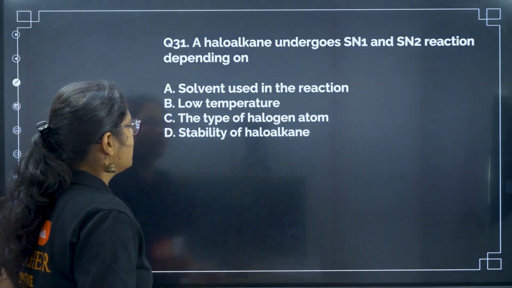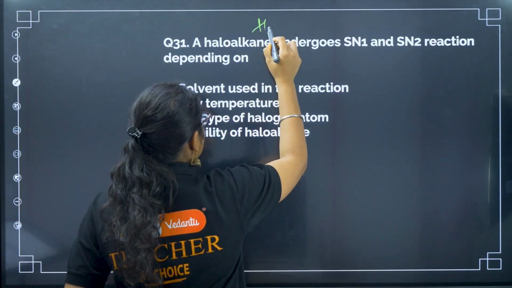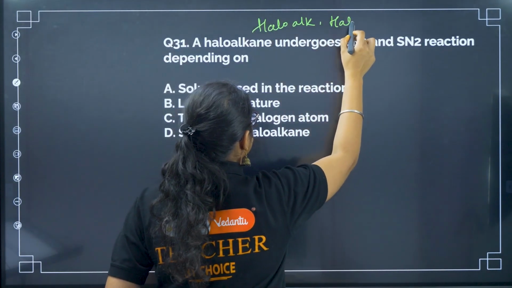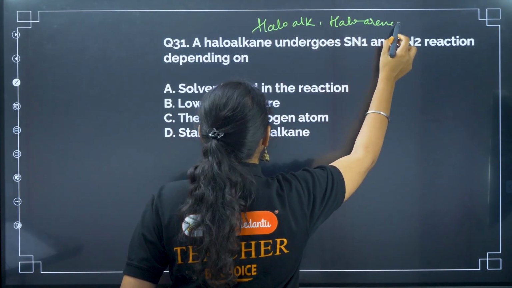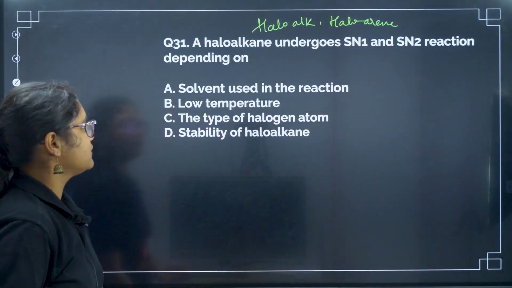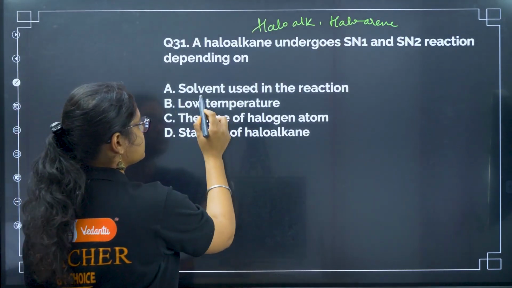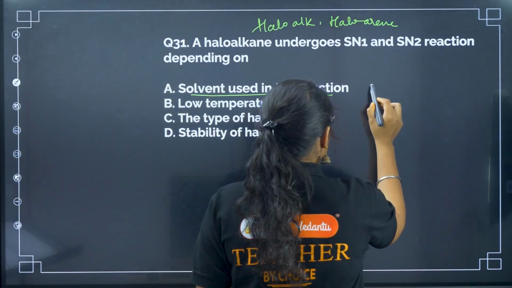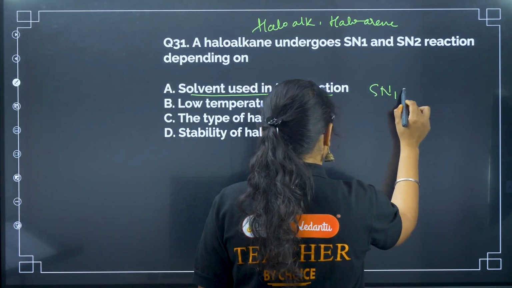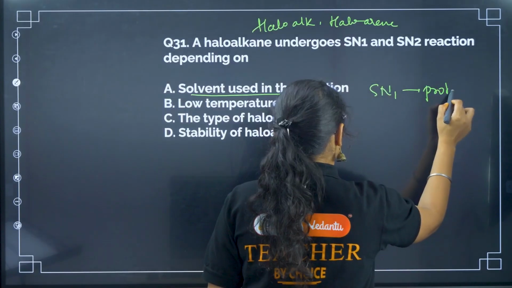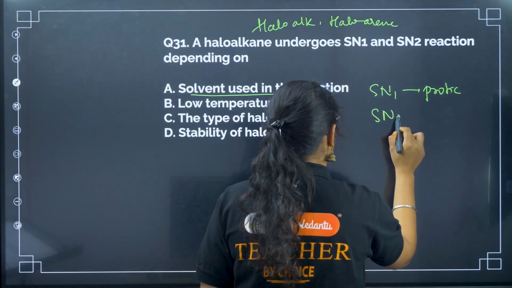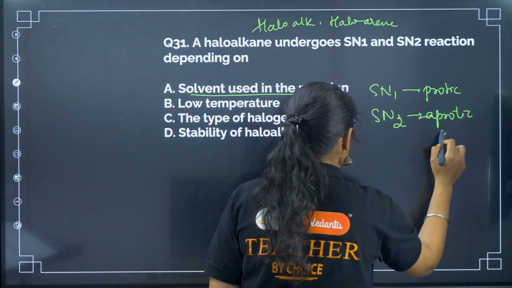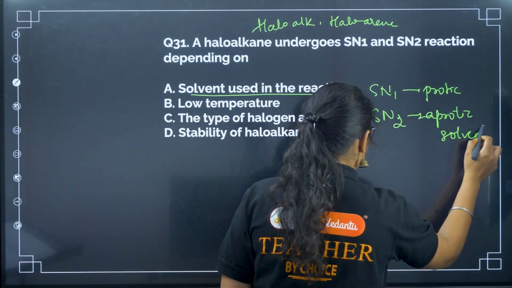Now next question is from haloalkanes and haloarenes. The haloalkane undergoes SN1 and SN2 reaction depending on the solvent used in the reaction. So if you know this one, for SN1 we need protic solvent, and for SN2 we need aprotic solvent, right?